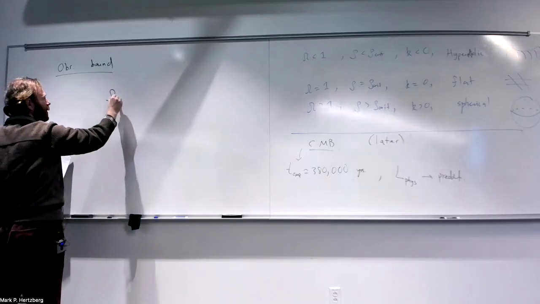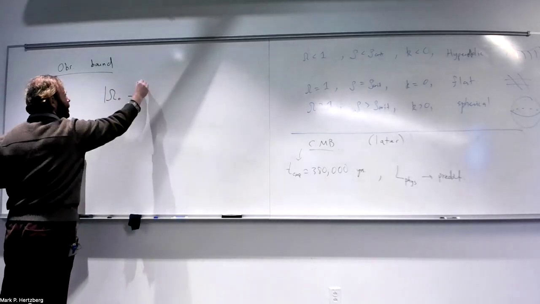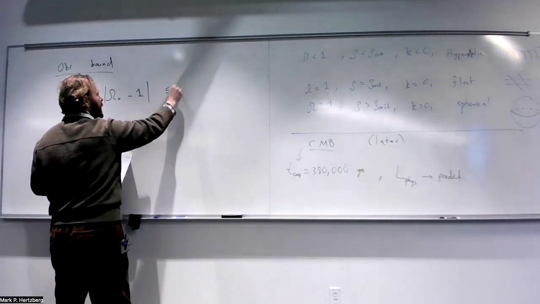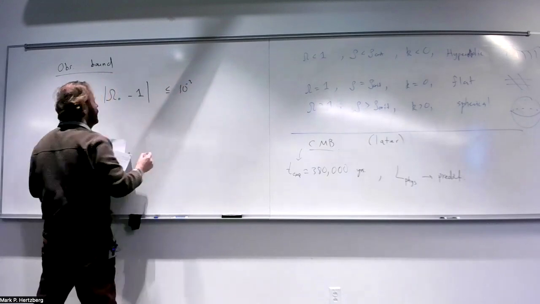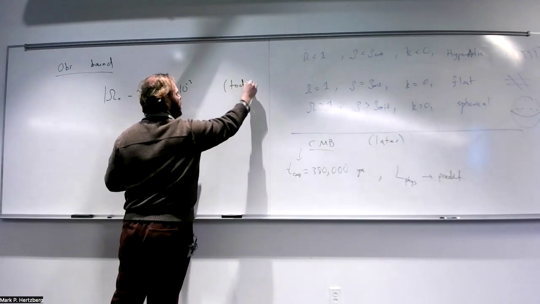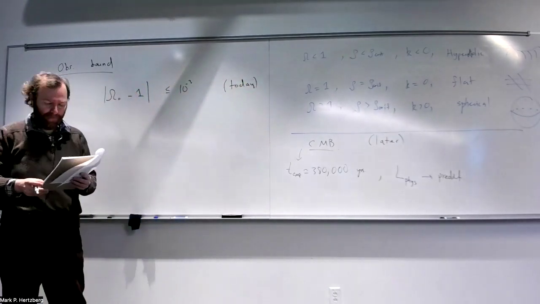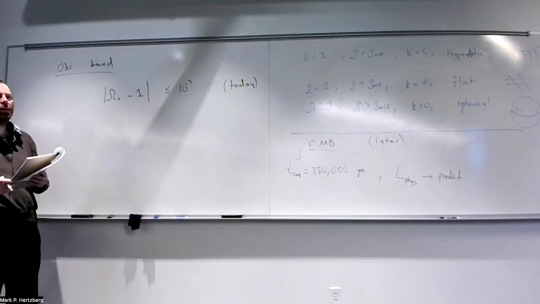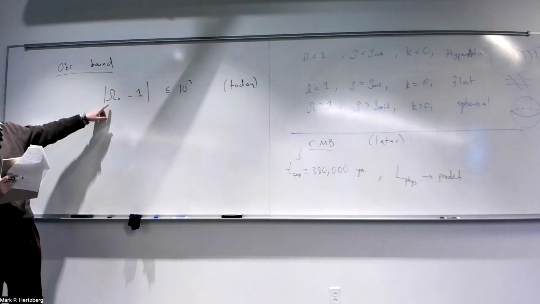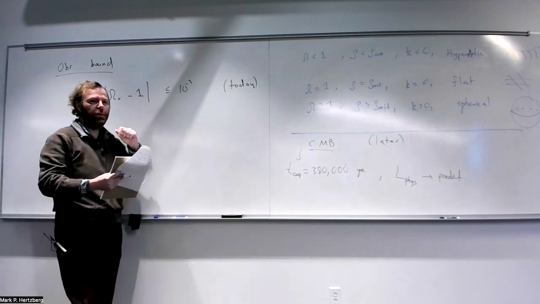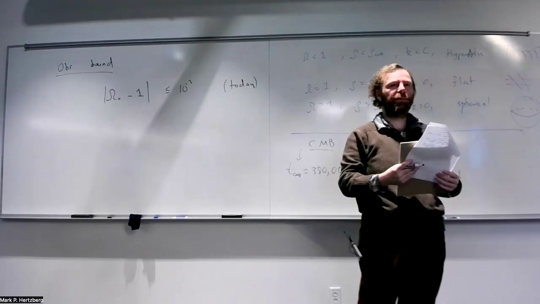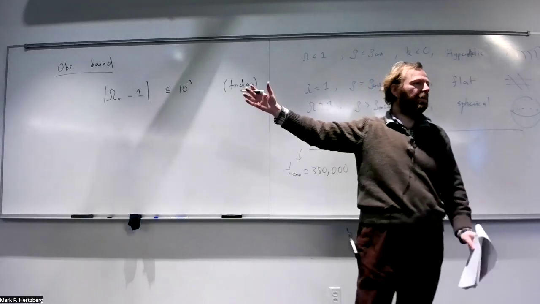This omega that I defined, we can just put in absolute value, is less than something like 10 to the minus 3. And I put a little 0 here to indicate today. Made the measurement today. So the rho today is matching rho critical to at least 1 part in 10 to the 3. There are 3 significant figures, and maybe more, because this is just the bound.